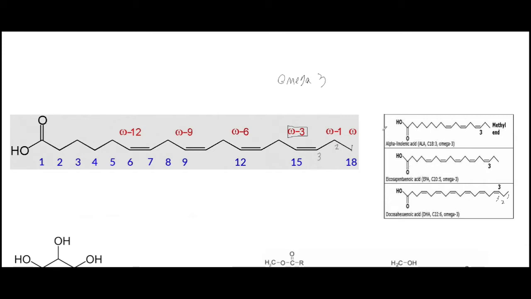The production of these other two from alpha-linolenic acid is not that high, so it's better to get these from our diet than it is to try and just only have alpha-linolenic acid. But I'm just saying that we do have the biochemistry necessary for making the DHA and EPA from alpha-linolenic acid.